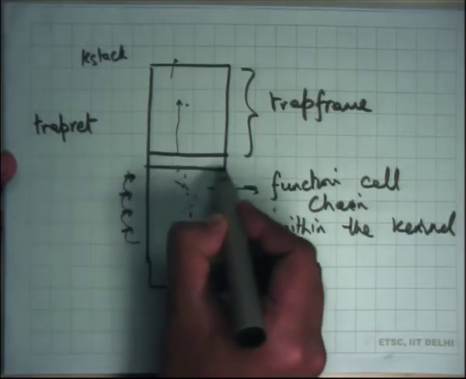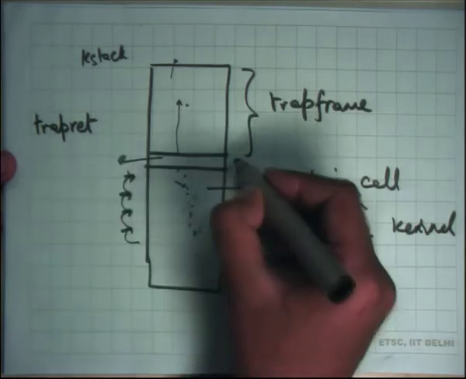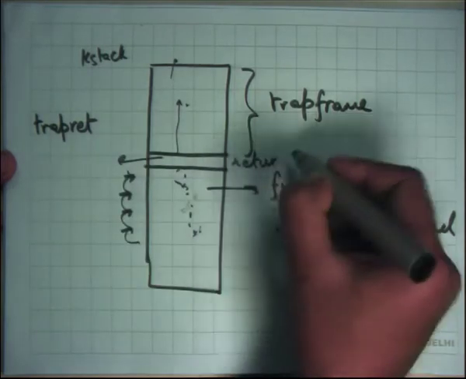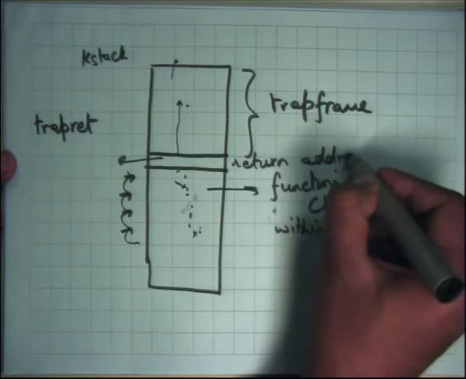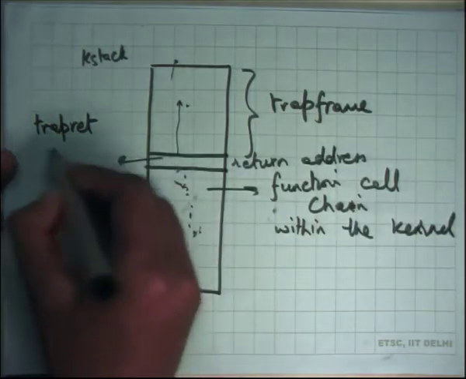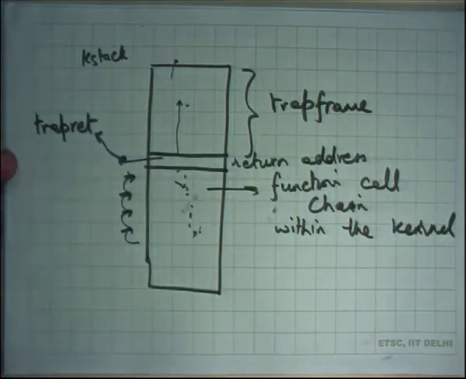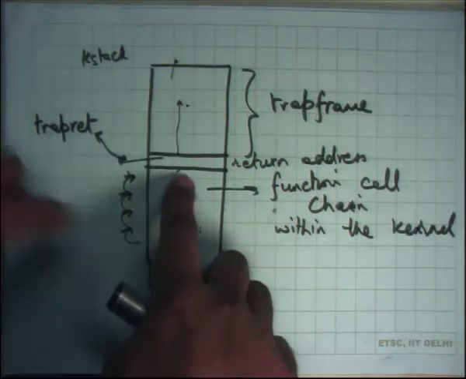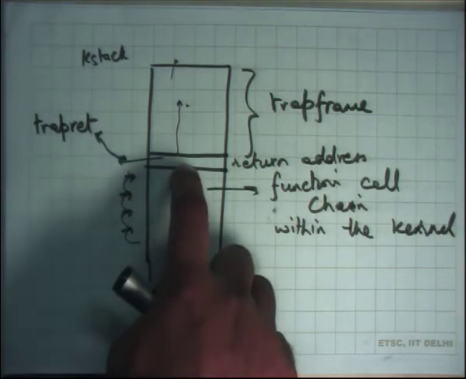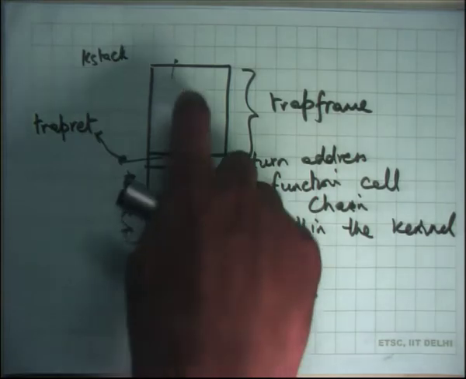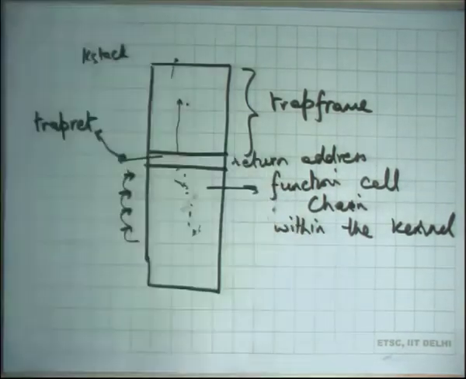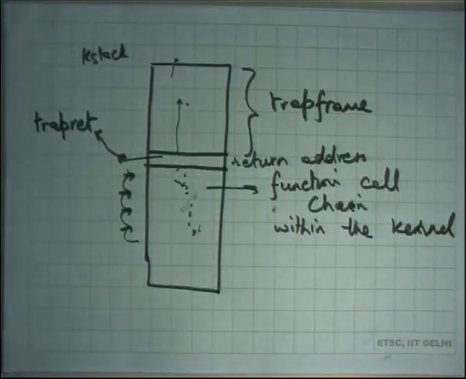So in other words, what should happen is that whatever is the function call that you got called, the last return address should be trapret. So when the last function returns, it should return to trapret, and trapret will basically just pop off all these registers and then call iret to return back to user mode, right.